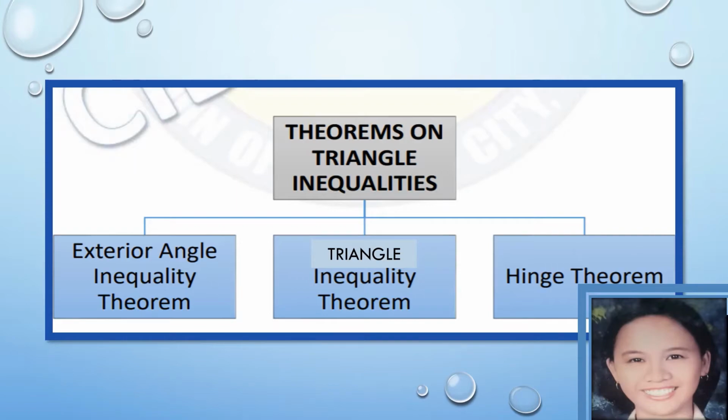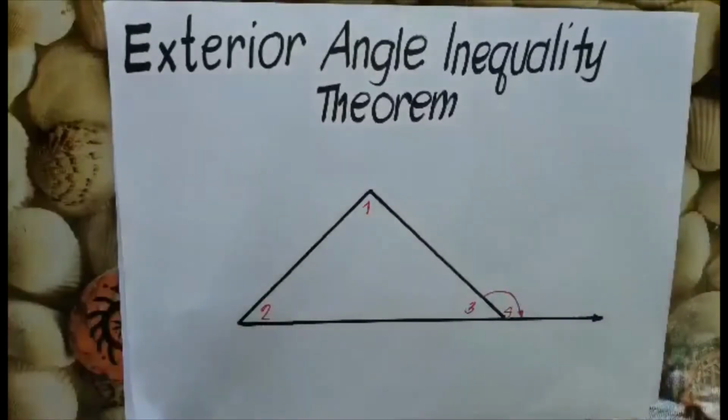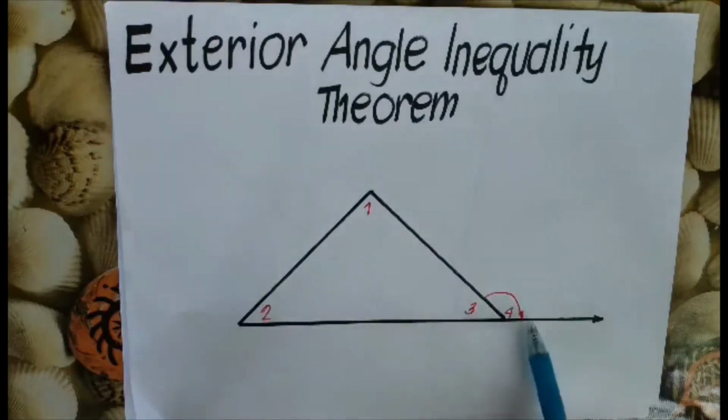Let's get started. Exterior angle inequality theorem. Now this theorem talks about the relationship between the exterior angle and its two non-adjacent interior angles. Given this figure, angle 4 is the exterior angle of the given figure.